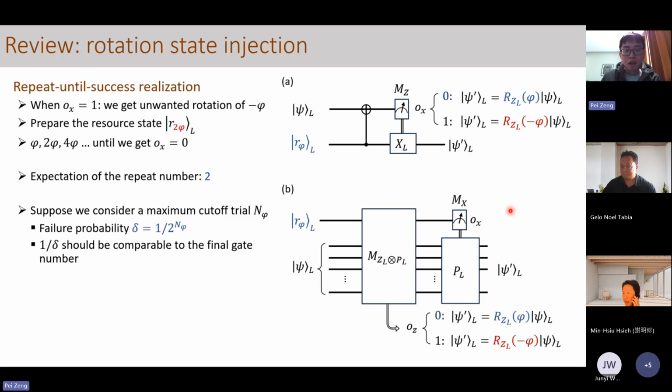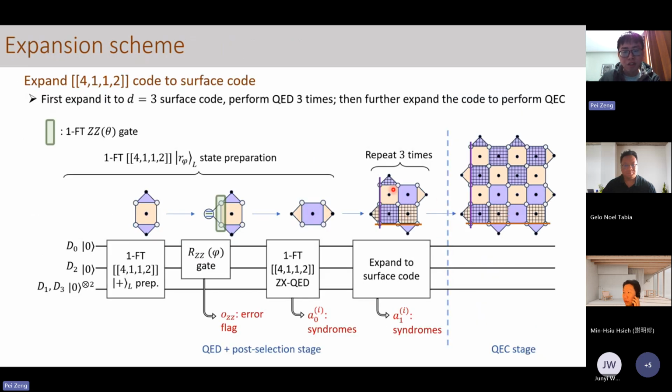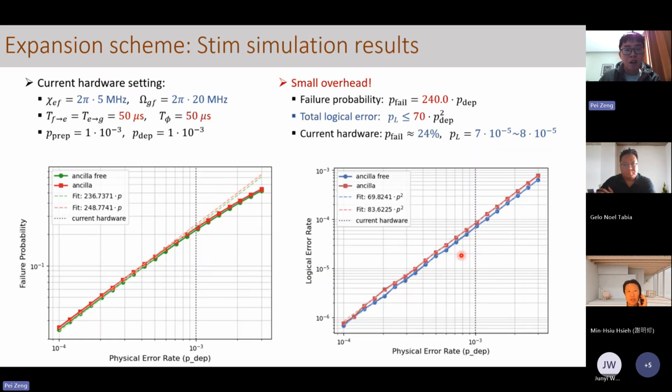We propose a way to do this expansion based on this 412 code, and we show that for this expansion, you can prepare a rotation state on the surface code with a moderate error. I will not say small, but it's below 10 to the -4. It's a small error, but still not very satisfying. But you can see it's a second order scaling.